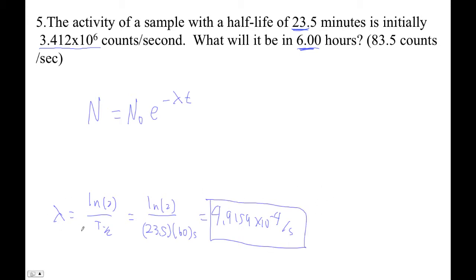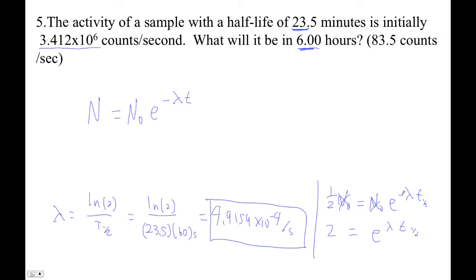Now let's suppose you don't remember this. Just remember that half-life is N naught over 2 equals N naught e to the minus lambda t. So it's the time it takes to get to half. And of course, we'll end up with 2 is e to the lambda t half.